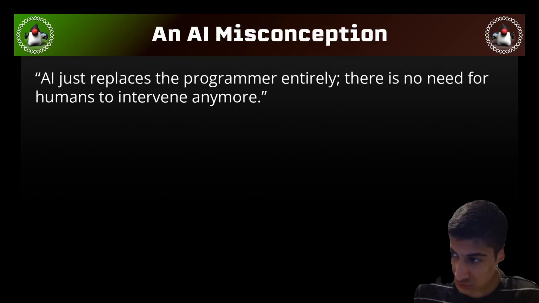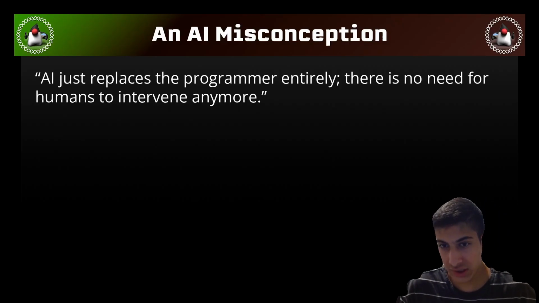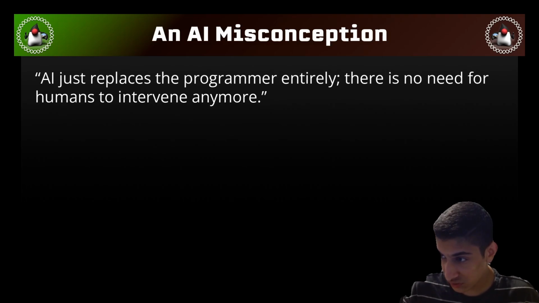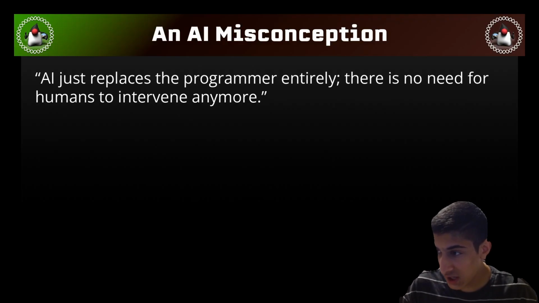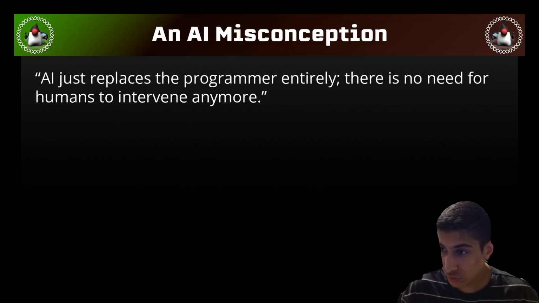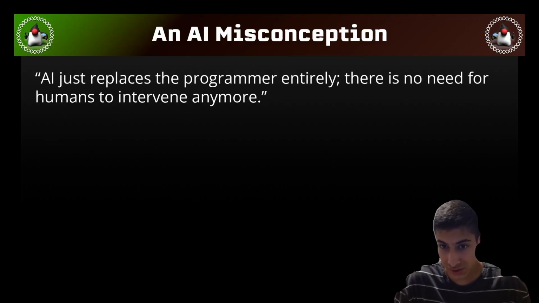So before we actually begin using AI, it's important to clear up any confusion about it by addressing any misconceptions. So the most common misconception regarding AI in a programming context is that AI just becomes the programmer and it completely replaces the human who's looking at the computer screen.